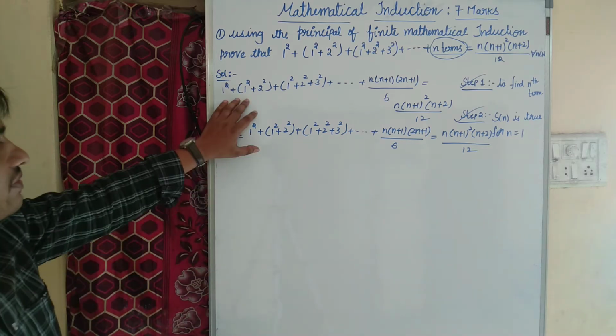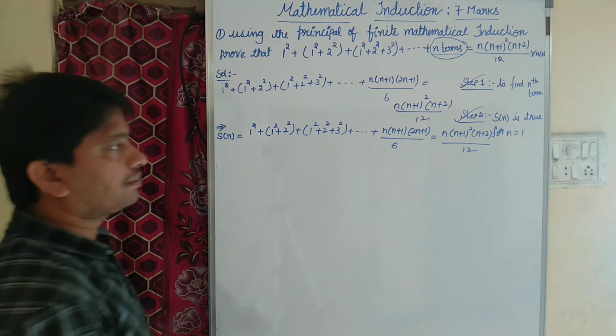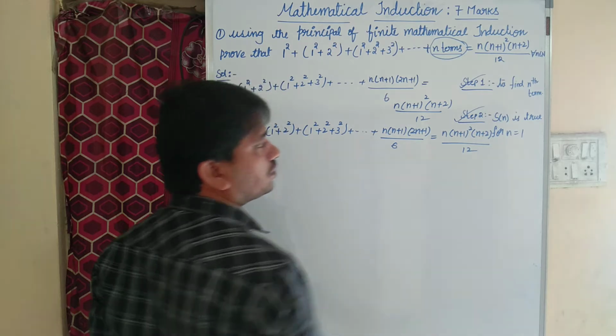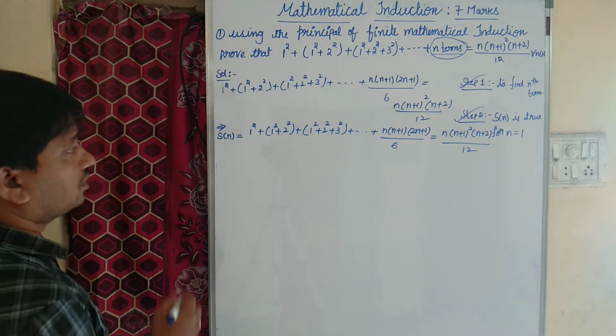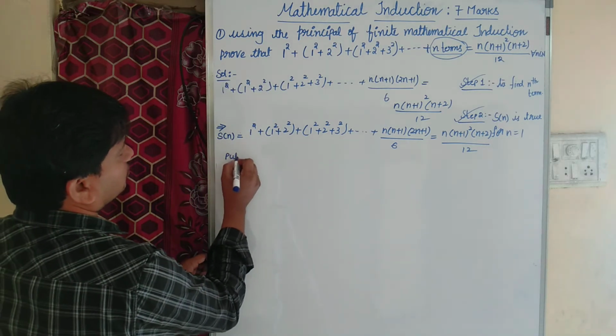We consider the given sequence as S of n. Now what is our step 2? We need to prove S of n is true for n equal to 1. So put n equal to 1.